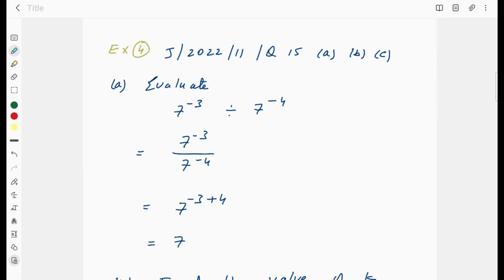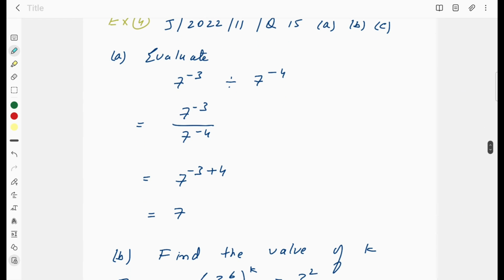Example number 4, June 2022, paper 1-1, question number 15, A, B, and C. A is evaluate, means find the value. 7 raised to the power minus 3 is divided by 7 raised to the power 4 minus 4.